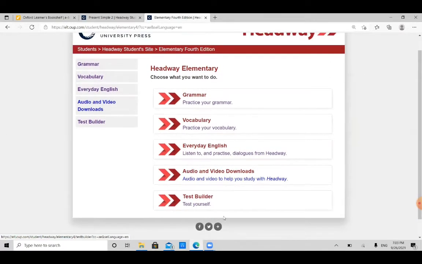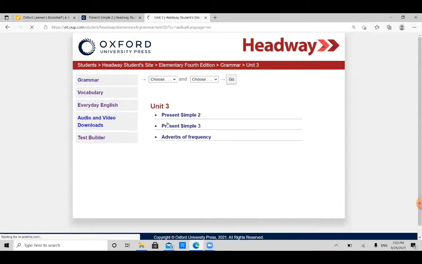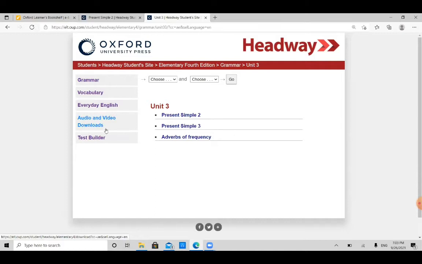And also you can test yourself. So now I'm using this website for grammar and vocabulary with you. For example, if we now go to Unit 3, you will find the present simple and adverbs of frequency. It's like a revision of what we take every unit.